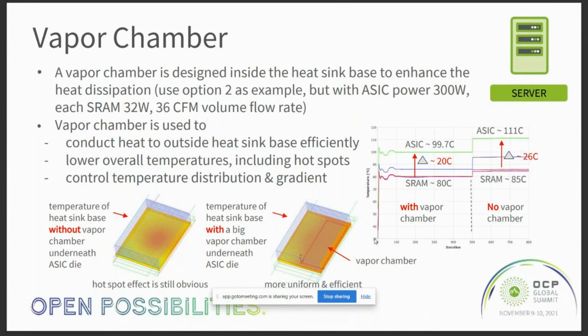For example, copper conductivity is about 400, and the vapor chamber will be around a few thousand, maybe 4,000, 5,000. Thank you. So the vapor chamber is used to conduct the heat to the outside heatsink base efficiently, lower the overall temperature, and also lower the temperature difference.